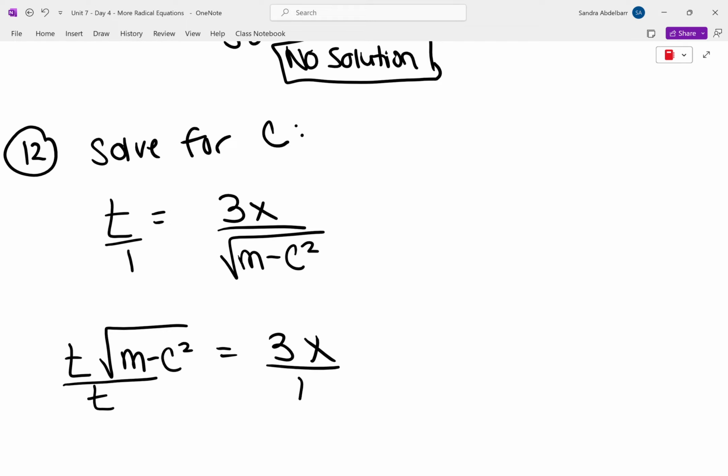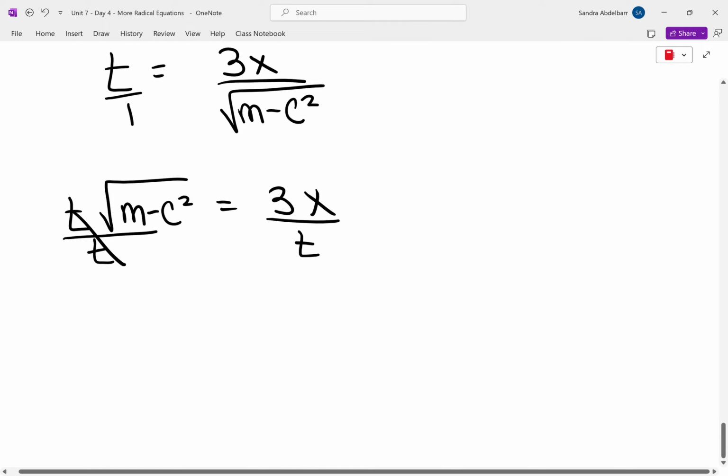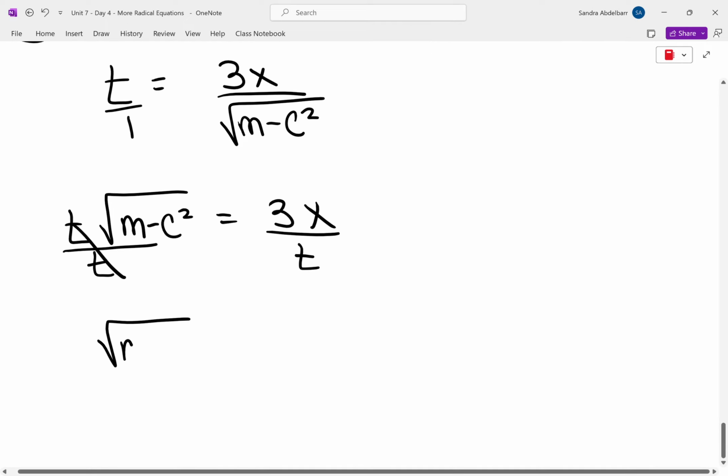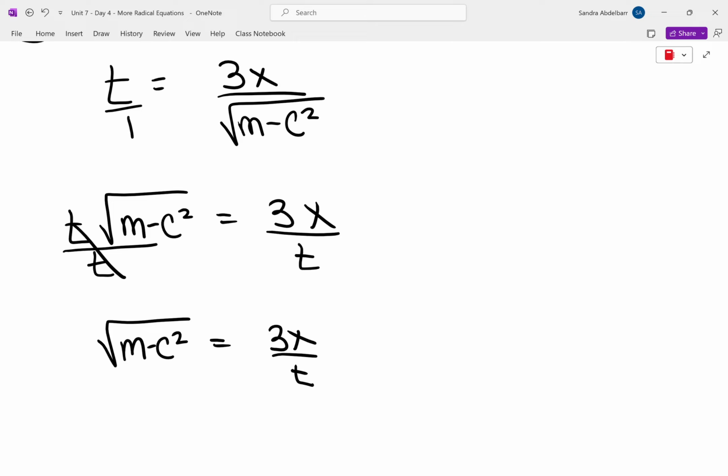I need to isolate the radical, so I'm dividing by t. So now I'm going to have the root of m minus c squared equals 3x over t. Now that I've isolated the radical, what I want to do is square both sides.